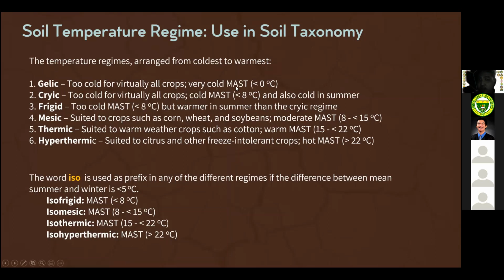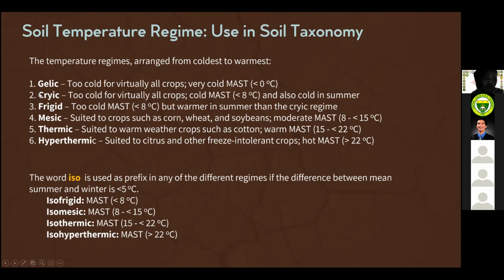The mean annual soil temperature is less than 0 degrees centigrade. From the word gelic, di ba? Cold, just like jelly soils, it represents low temperature or freeze or permanently frozen soil because of the temperature of less than 0 degrees centigrade.